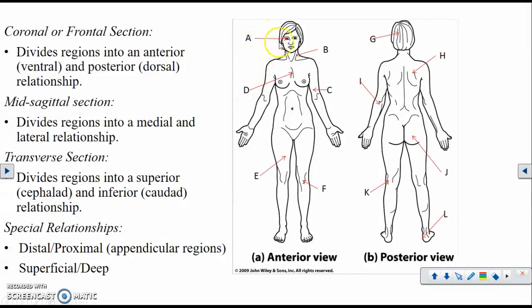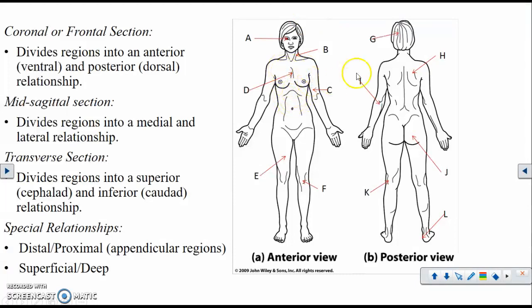And therefore, the orbital region then is superior to the cervical region. Okay? The inverse is also true. We can also say that the cervical region is inferior to the orbital region. Okay? So that is one way that we can actually relate this relationship.